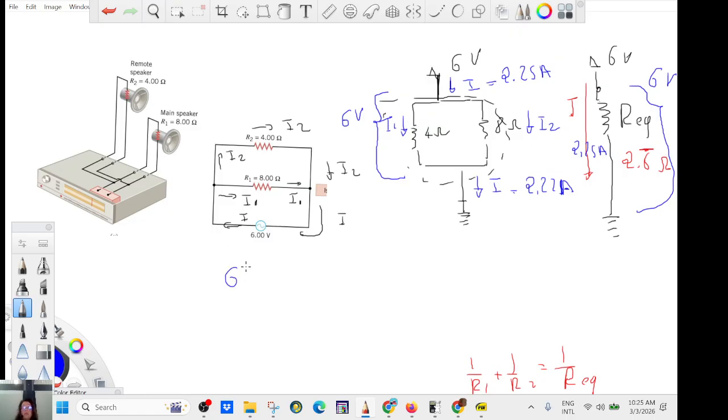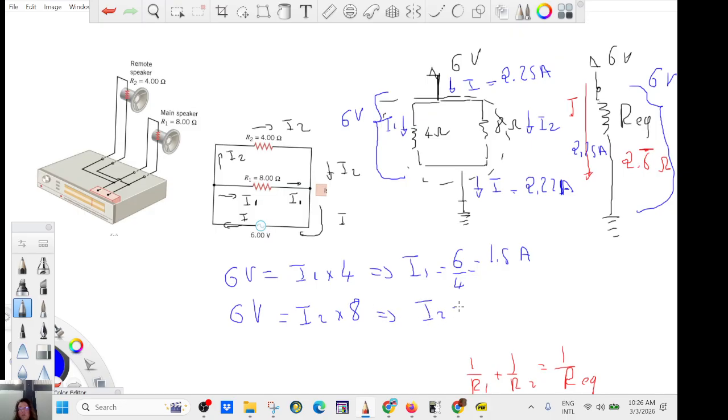So 6 volts equals I1 times 4. So I1 will be 6 divided by 4. That's going to be 1.5 amps. And for the other one, 6 volts equals I2 times 8.